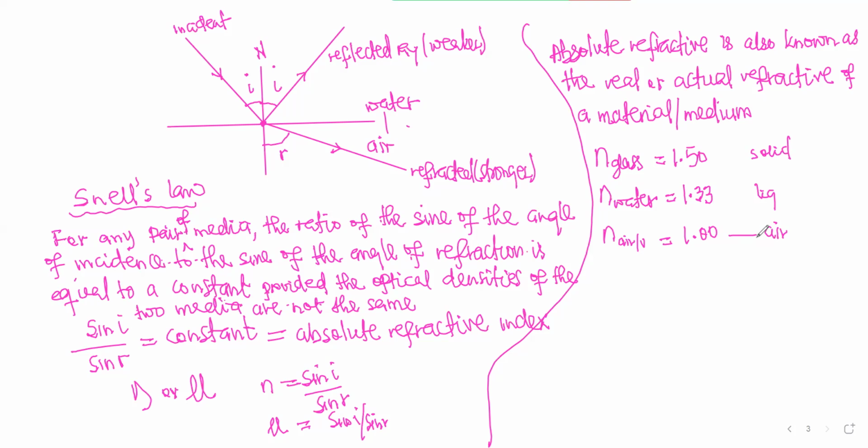We just saw that if the light is from a less dense medium into a more dense medium, then it will bend towards the normal. And if the light is from a more dense medium, glass, into a less dense medium, water or air, then it must bend away from the normal. So it depends on where the light is coming from.